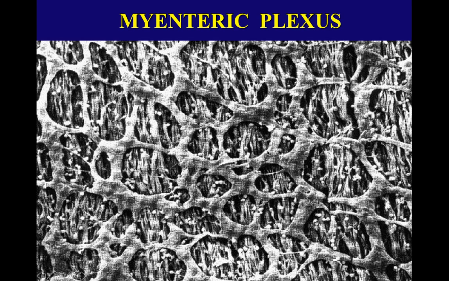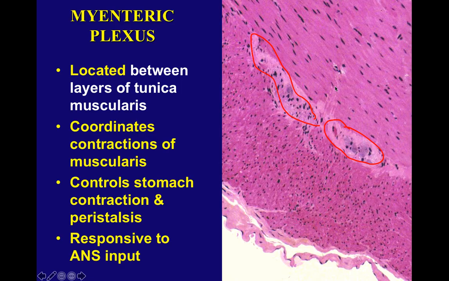The myenteric plexus here is shown by scanning electron microscopy, but in the lab, if we want to find these cells, it is very easy because we have to go between the two layers, the inner circular and the outer longitudinal.